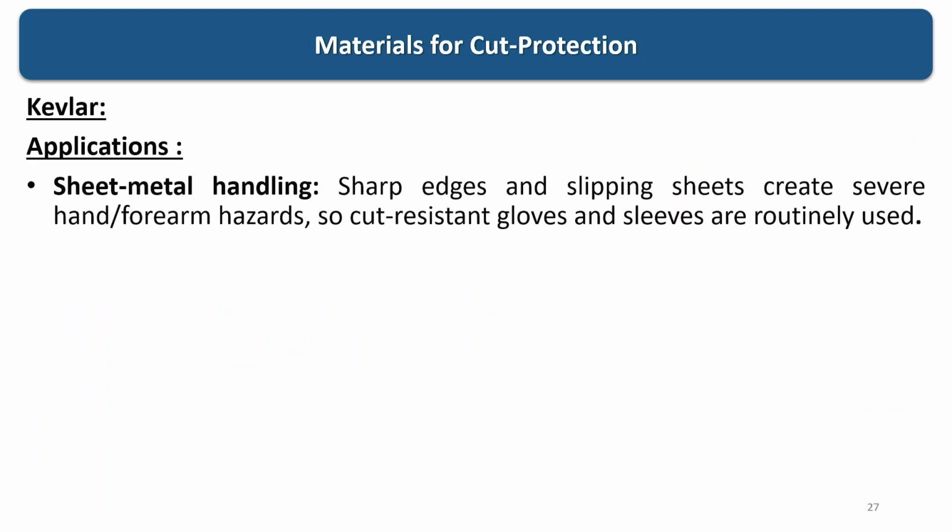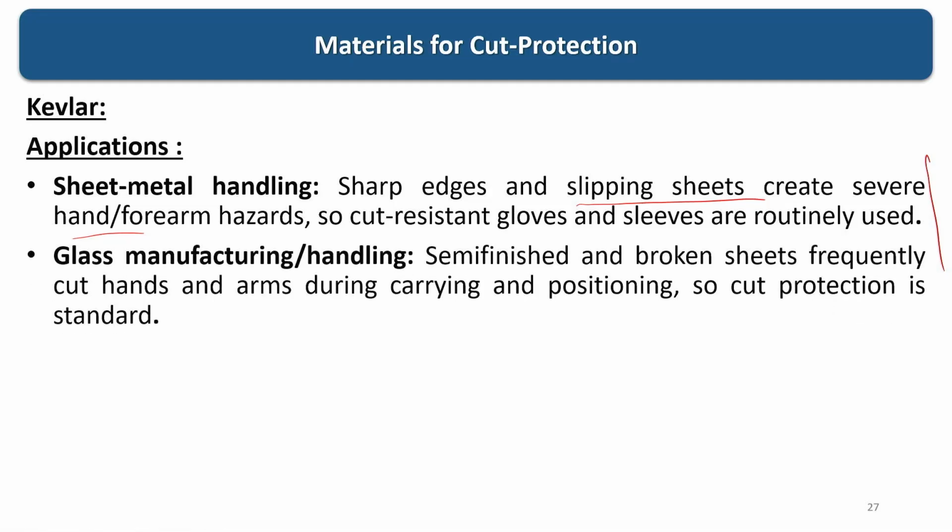So, applications are wide, like sheet metal handling, where sharp edge slipping sheets create severe hand and forearm hazard. Cut resistant gloves, even sleeves, are routinely used in the industry.